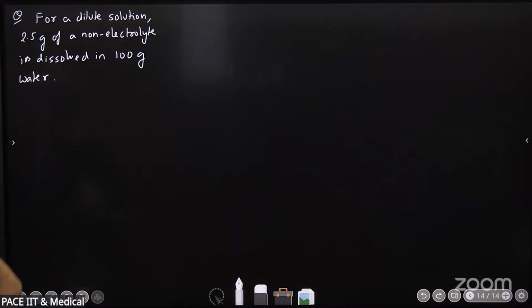So 2.5 grams of non-electrolyte was dissolved in 100 grams of water.